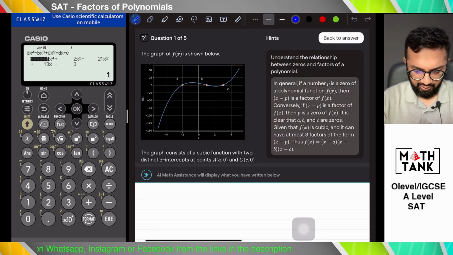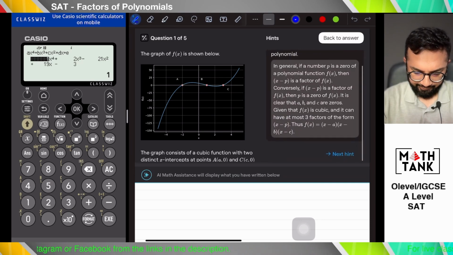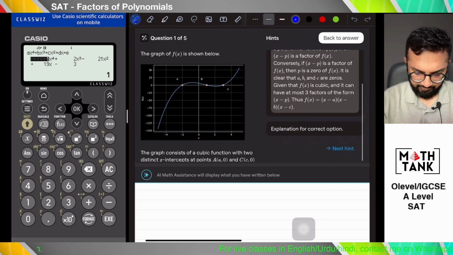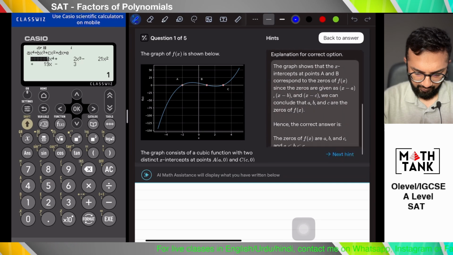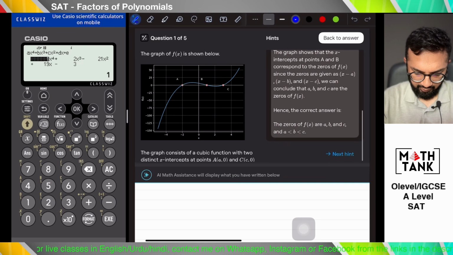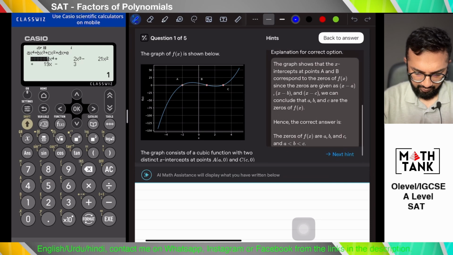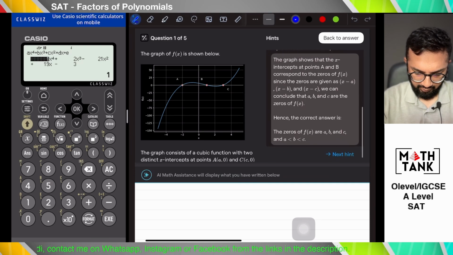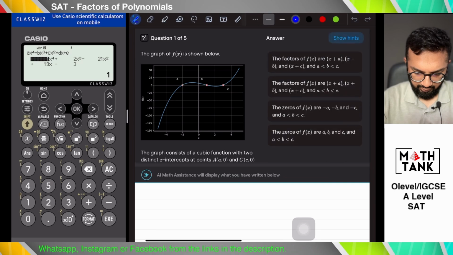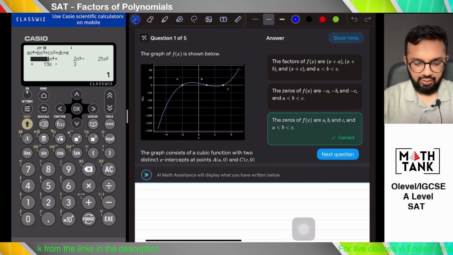Okay, let's just see the hints. Okay, somehow that's the correct answer, although this graph doesn't make a lot of sense.